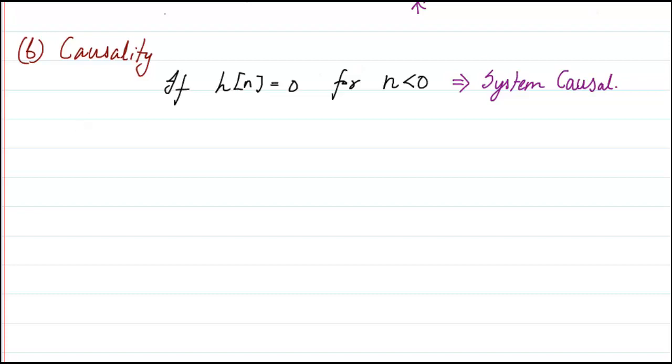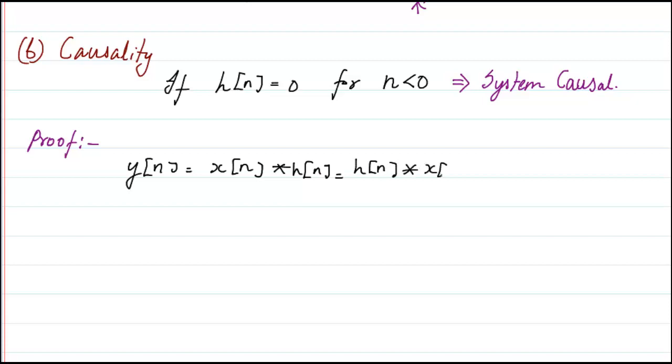We have to look at a proof for it. Let us look at the proof for it. Basically, we know that for any system, the output y of n is equal to x of n convolution with h of n, or we can say h of n convolution with x of n, which is one of the properties of convolution, the commutative property.